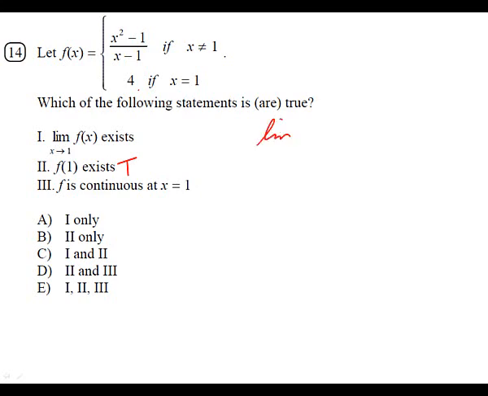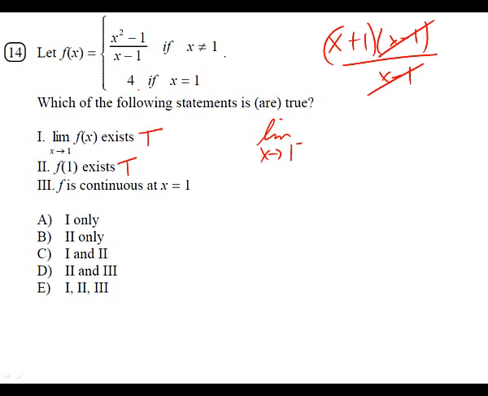Okay, so let's talk about that. Limit as x approaches 1 from the left. Actually, look at this. Couldn't I factor that? Yeah. So it would be x plus 1, x minus 1 over x minus 1, right? Yeah. So we know that the limit exists, doesn't it? Yeah. That's true.